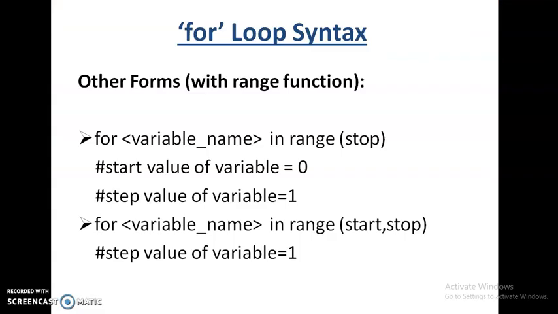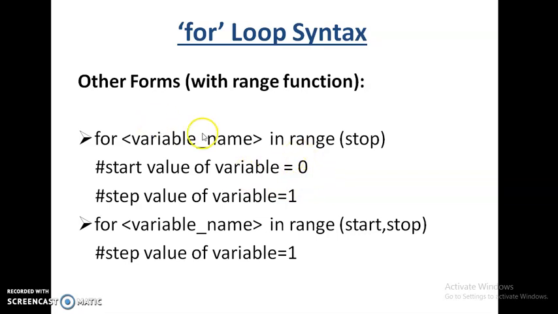Now there are some other forms of this for loop. Other forms with the range function are for variable name, in range, stop. Means only the stop value will be provided as a parameter. Then what about start and step? The start value of this variable will by default be initialized with 0.